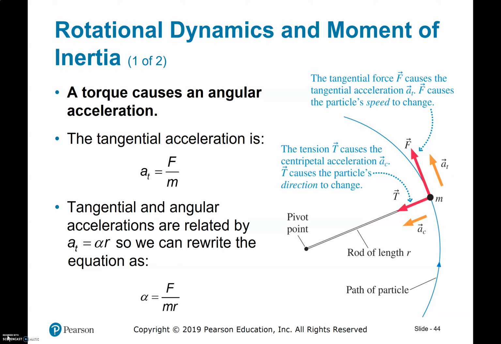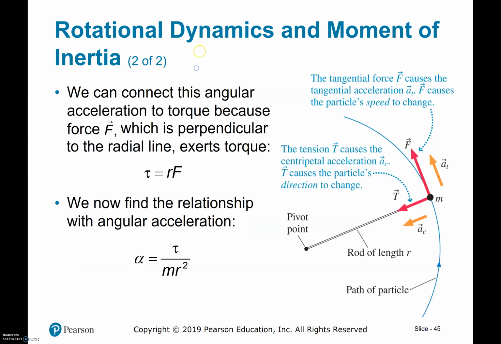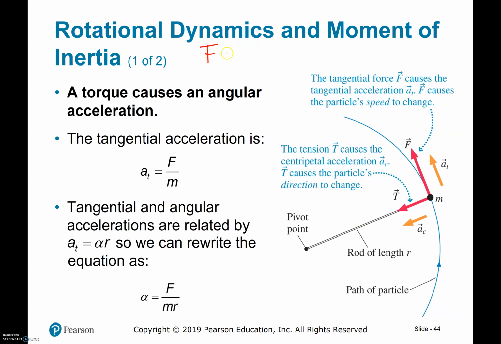Okay, so now we are ready to write the equation to describe the rotational dynamics for rigid bodies. So we have Newton's second law, and Newton's second law says F equals ma.